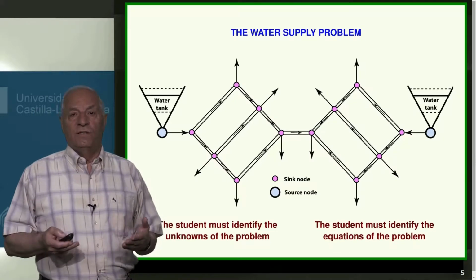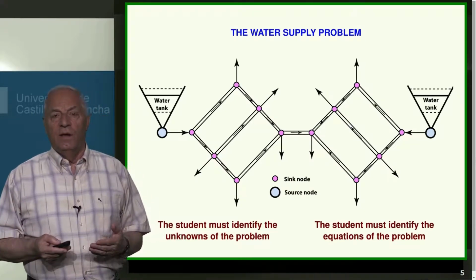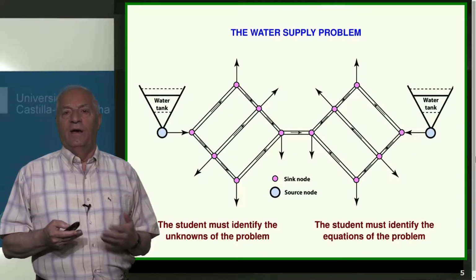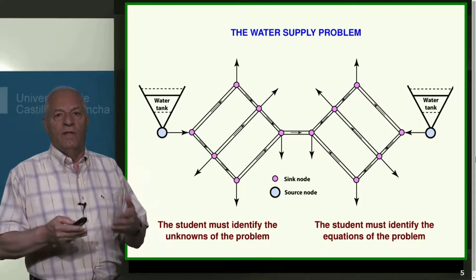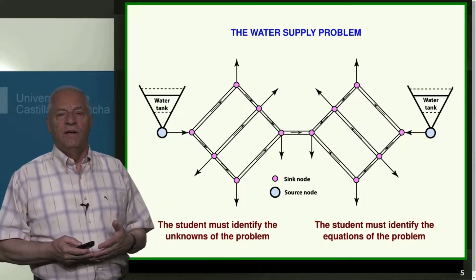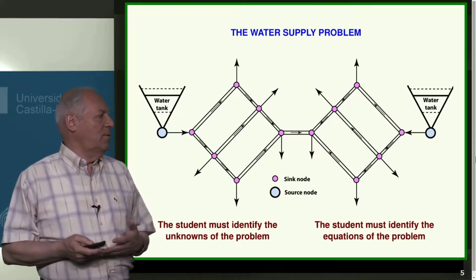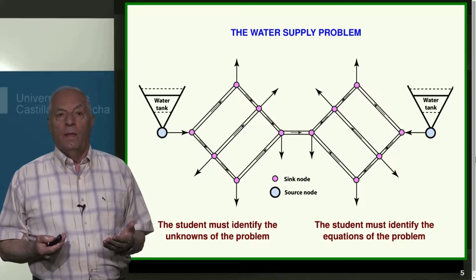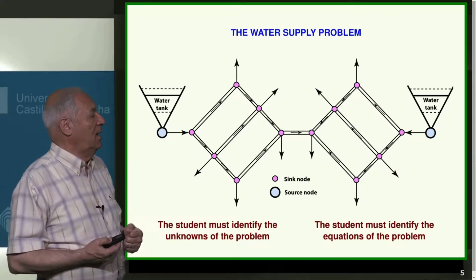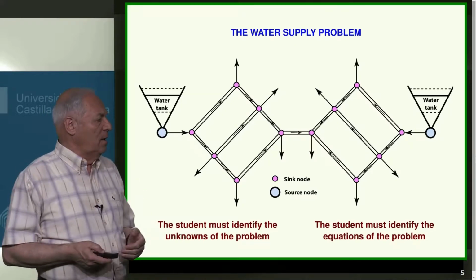A very important thing with which you usually have some difficulty when raising problems is that before using mathematical methods and writing equations, you have to study the problem and be clear about what you want to solve. For example, one of the things we have to clarify is what the unknowns of our problem are and what the equations are. Even though this might seem trivial, it is not so trivial and people have difficulties.